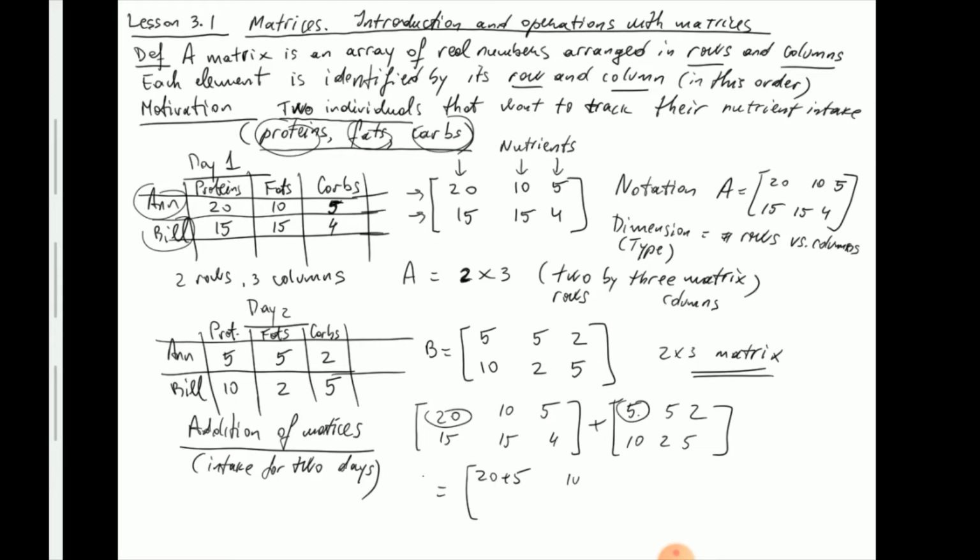And then you can continue: 10 plus 5, 5 plus 2, 15 plus 10, right? So that's for Bill. I mean the protein intake in day 1 for Bill, and then day 2, and then for Bill 15 plus 2, the fat intake, and then 4 plus 5.